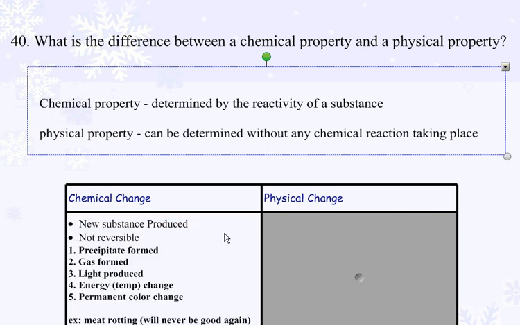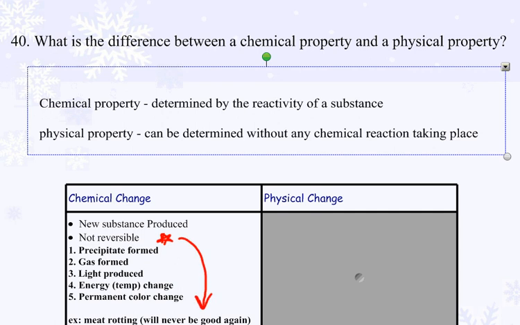A chemical change occurs when a new substance is produced, and these are generally not reversible. That's a dead giveaway. If you cannot reverse the change, then it's going to be a chemical change. So for example, down here, rotting meat, it'll never be good again.